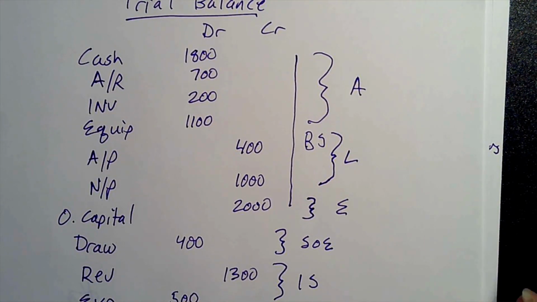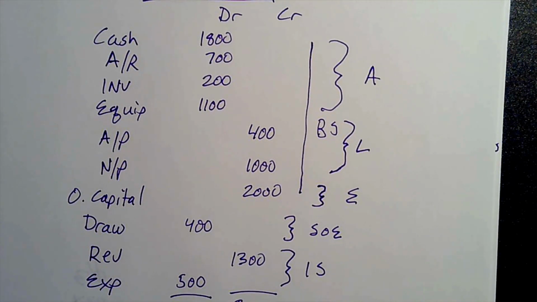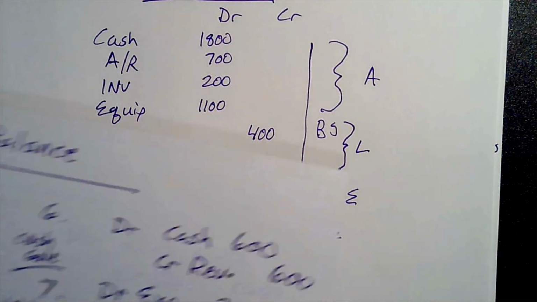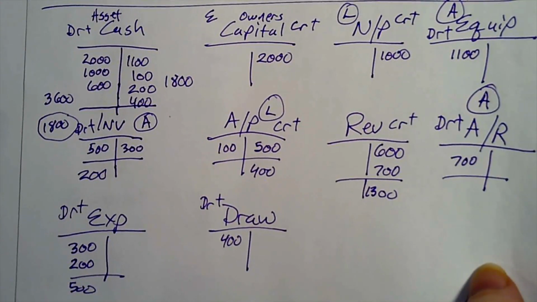Remember, the whole purpose of this project to begin with is that we have financial statements. How do we put information into the financial statements? First, we look at each individual transaction, turning it into a journal entry. We take all those journal entries, break them apart and list them on their T accounts.